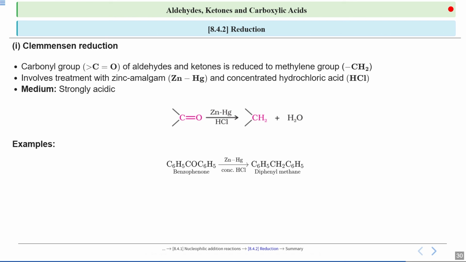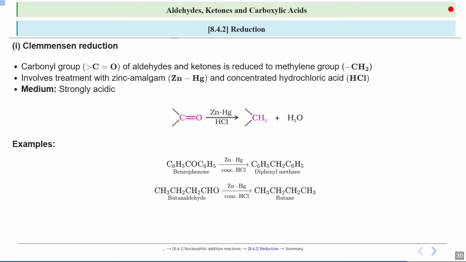You will see that the C double bond O is reduced to a CH2 group. This transformation involves removing the oxygen and adding hydrogen atoms.